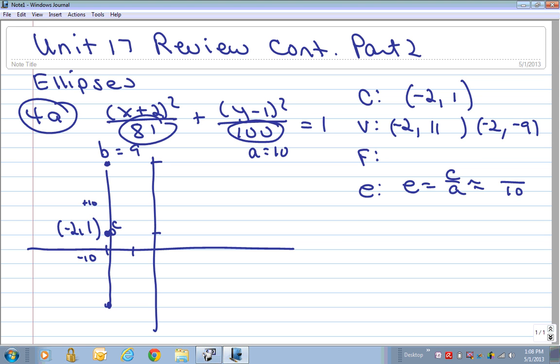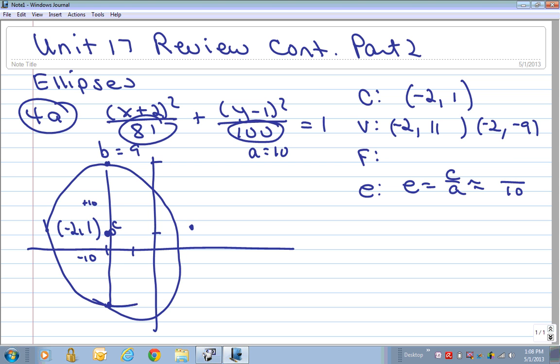Foci. If we want to graph this, you could. Sorry, I didn't mean to switch around on you. Our B value is 9, so we go left and right 9. So 2, 4, 6, 8, 9, we'll just say it's about right there. And 2, 4, 6, 8, 9, we'll say it's about right there. And we would have an ellipse that looked, ooh, I've missed that. Sorry.